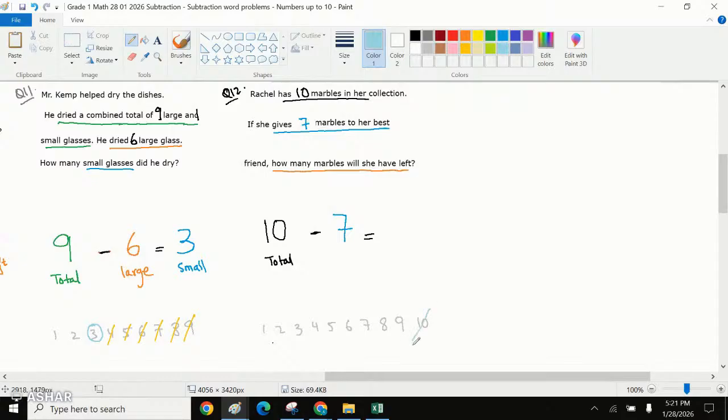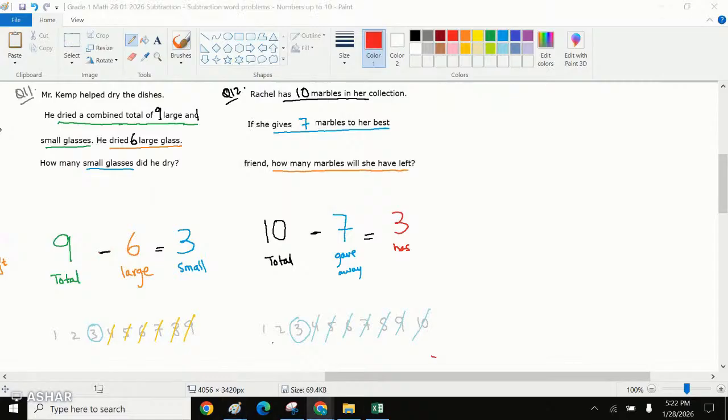She gave away 7. 1, 2, 3, 4, 5, 6, and 7. That means she is left with, right? She has 3 left with her. Okay. Let's try another question by changing down the values on it.